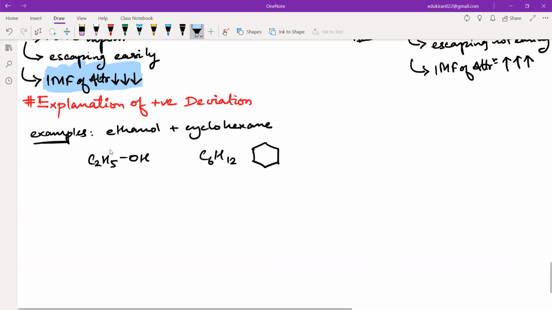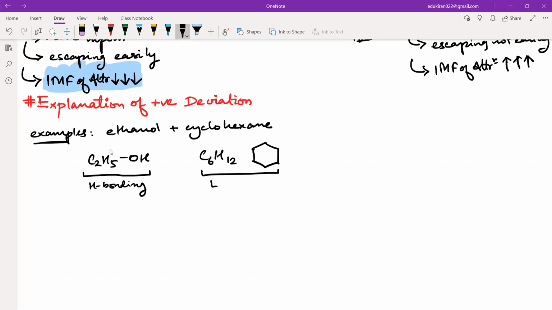Now, the force of attraction, if we just look at ethanol individually in a container, and cyclohexane in a container. Ethanol will have hydrogen bonding. Cyclohexane is non-polar, and that is why it will be having London forces or dispersion forces.